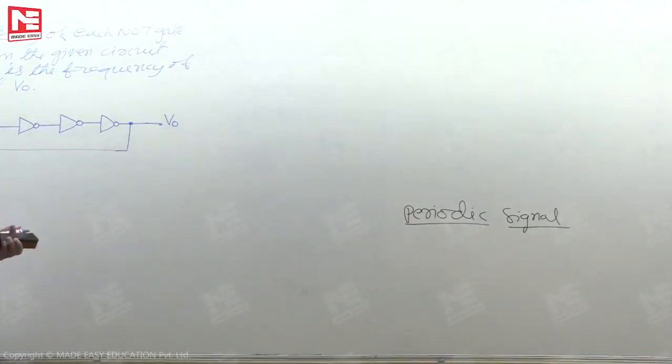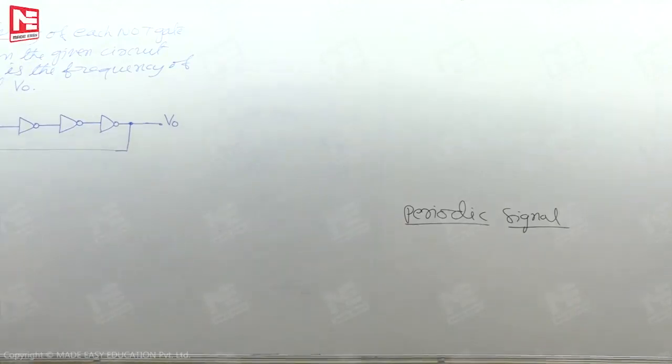The logic gates work with 1 or 0 values. Once it is 1 or 0 values, the waveform is supposed to be a square wave or maybe a rectangular wave. Definitely, it is not a trigonometric waveform. So mostly the generated waveform may be a square wave.